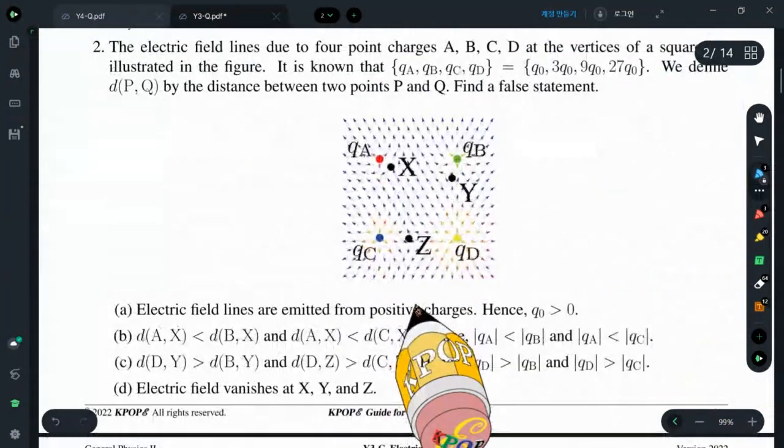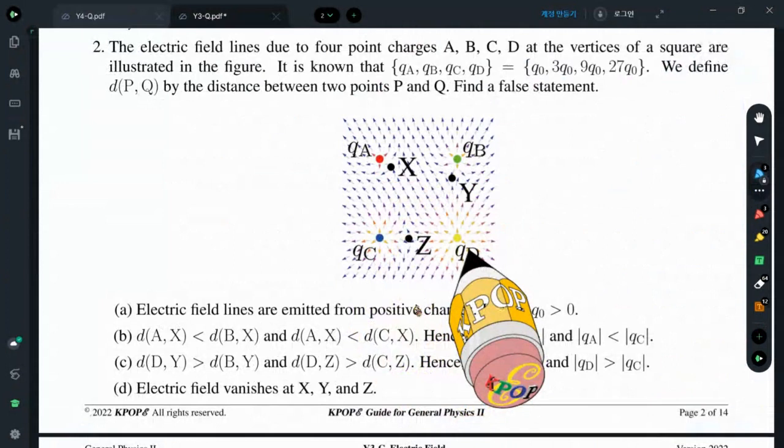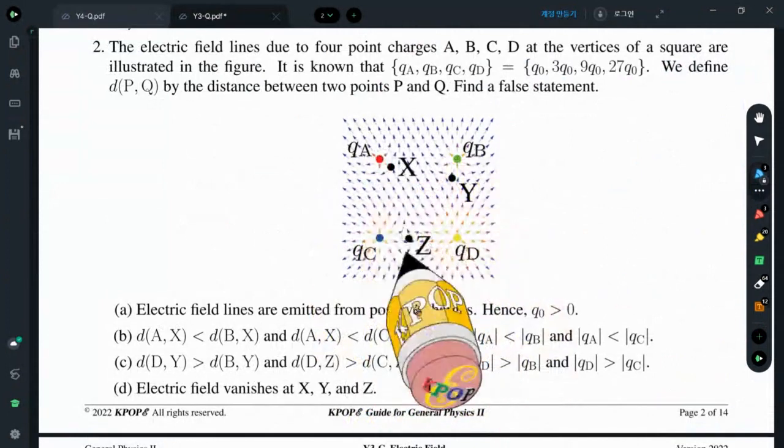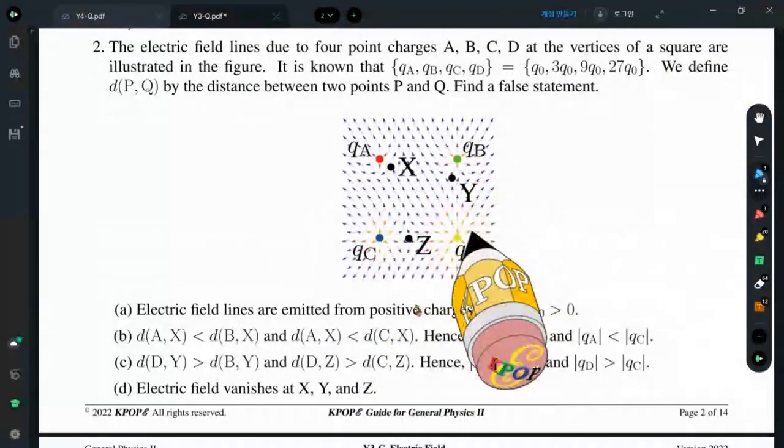Next, we have four charges, and the electric field due to these four charges is drawn in here.